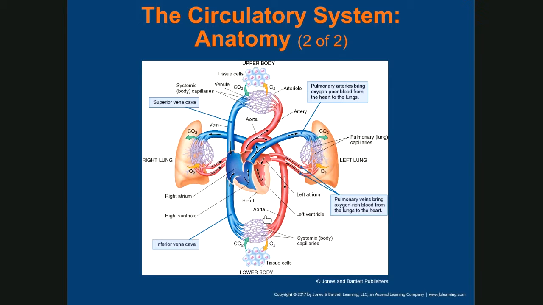The systemic capillaries will eventually form systemic venules. The systemic venules will eventually form systemic veins, and the blood that these veins are carrying is now deoxygenated. The veins will eventually form the inferior vena cava and superior vena cava, and the process of circulating the blood begins again. So it's a connected network.